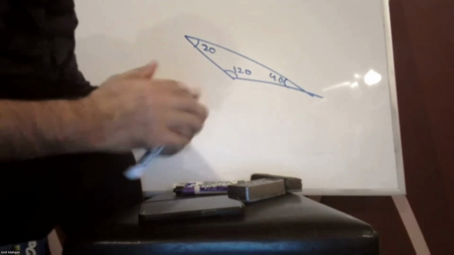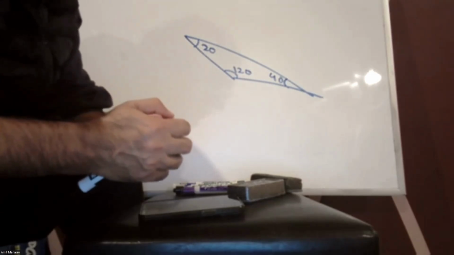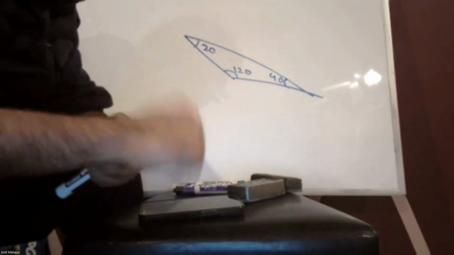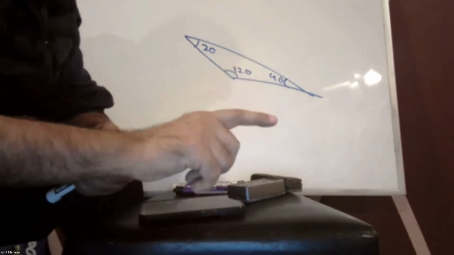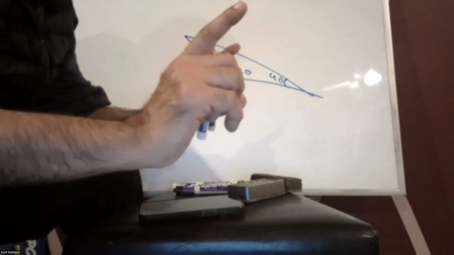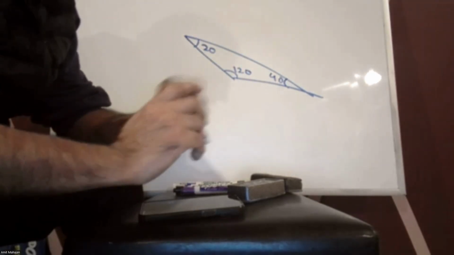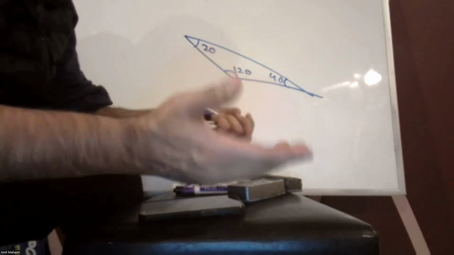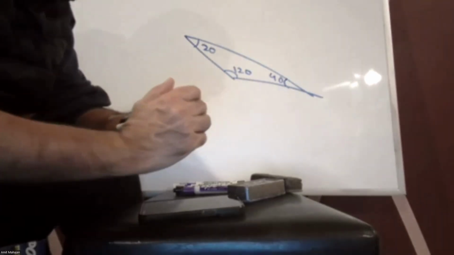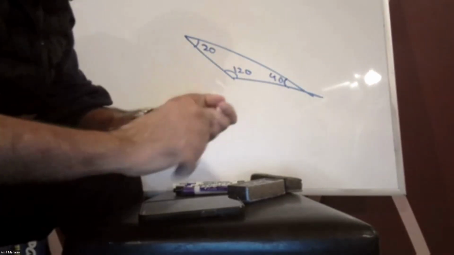Because 120 plus 30 is 150, and 180 minus 150 is 30. Beautiful. What Tejas said is that the three angles of a triangle add up to 180. So if you have given me two angles, by default, the third angle will be 180 minus the sum of those two angles. I love the way you explained, Tejas.